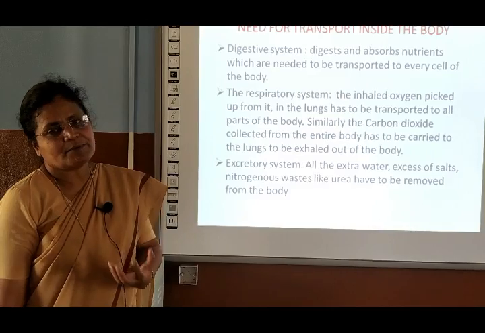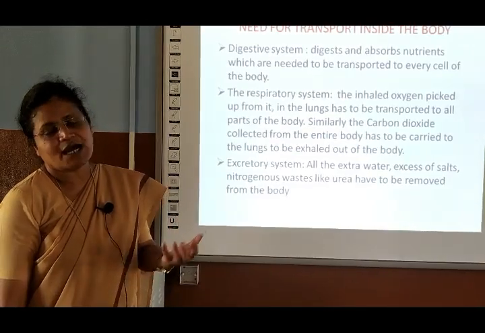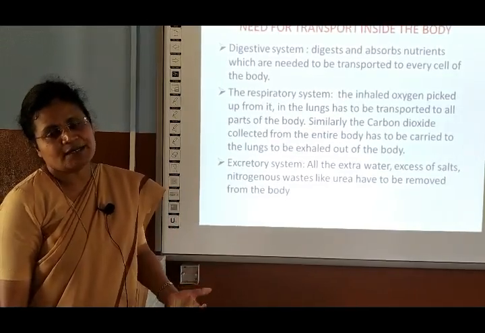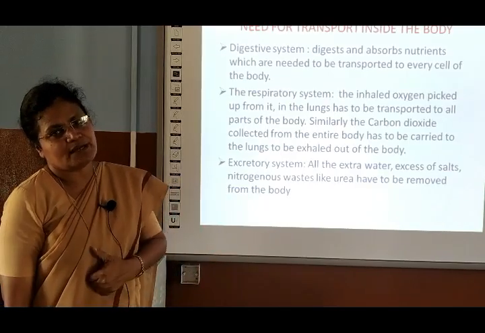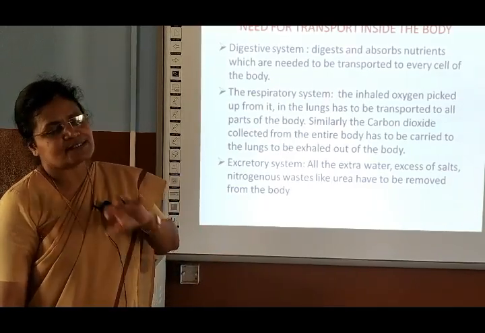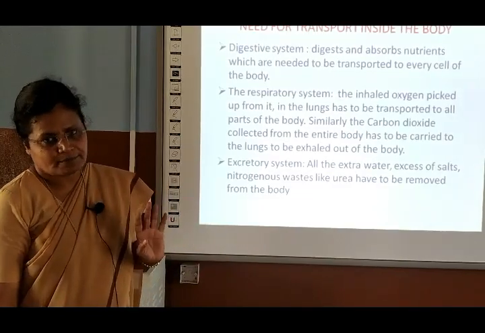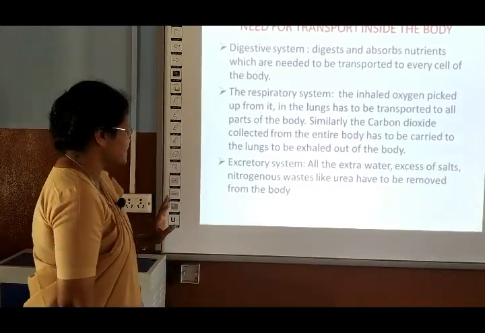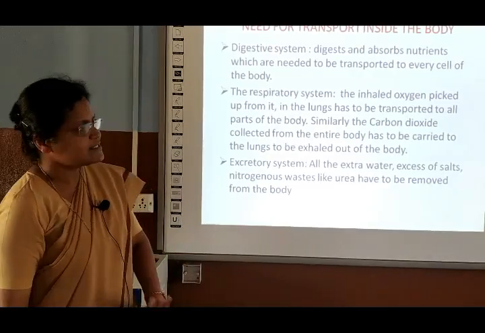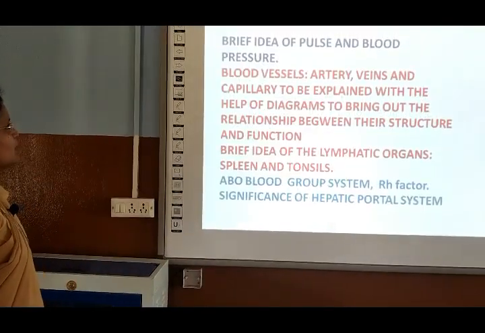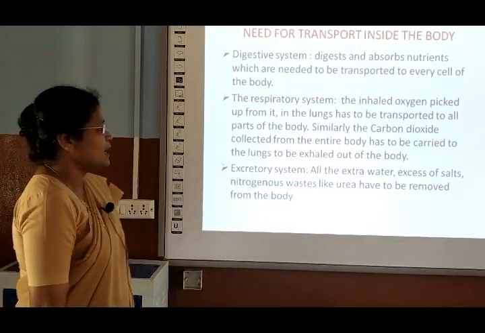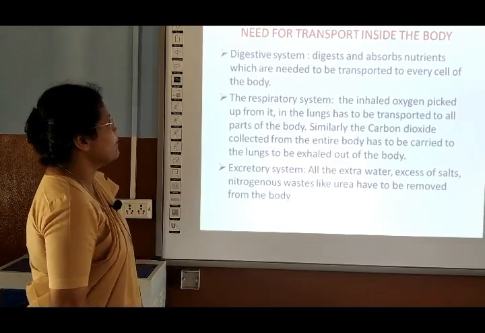It's taken from different parts, like the liver converts harmful ammonia into urea, which is transported to the kidney through blood. In the kidney, all excessive water reaches through the blood, and the kidney does the function of removing the waste substances. So, thus the circulatory system helps in the removal of all the waste substances from your body.